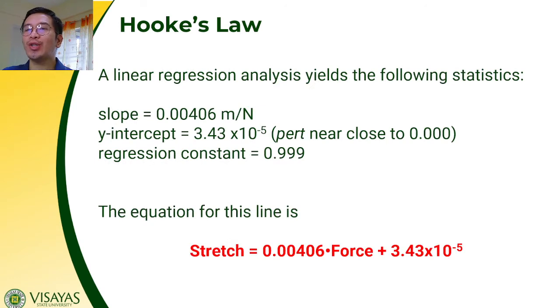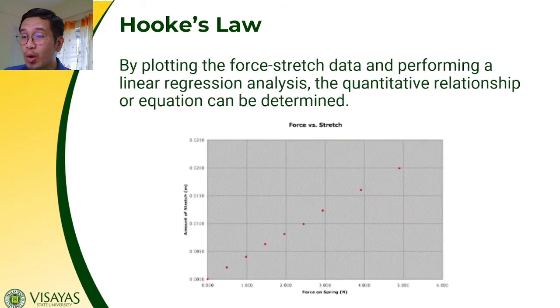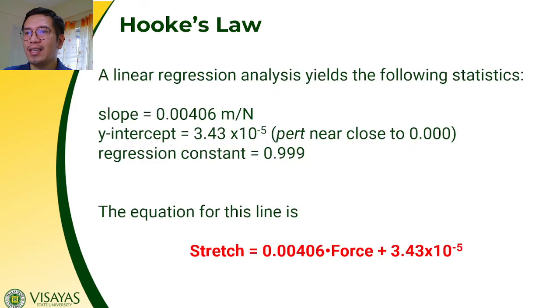So a linear regression analysis yields the following statistics. The slope of this line is equal to 0.00406 meter per Newton, or run over rise. Rise over run, sorry.